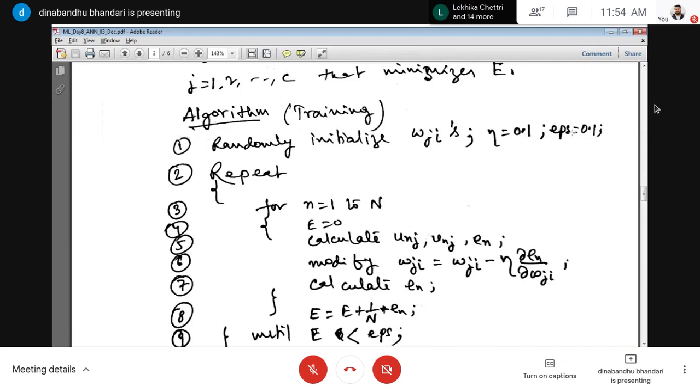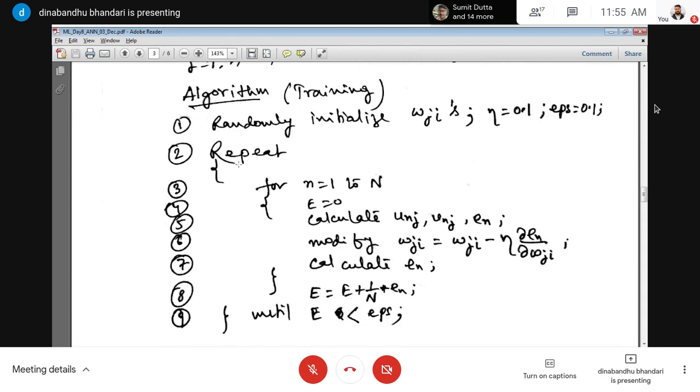And there will be some epsilon, to decide when to stop the algorithm. If the average error is less than the epsilon value, we stop it. Or you can decide on a number of iterations, say 1000 iterations or maybe 1 million. Instead, you can decide that if the training error is less than some value epsilon, you stop. You do not want 0.